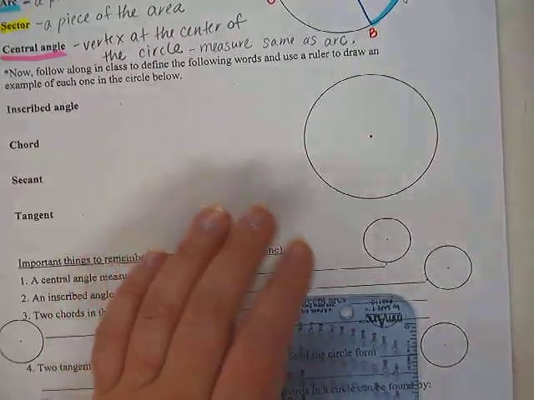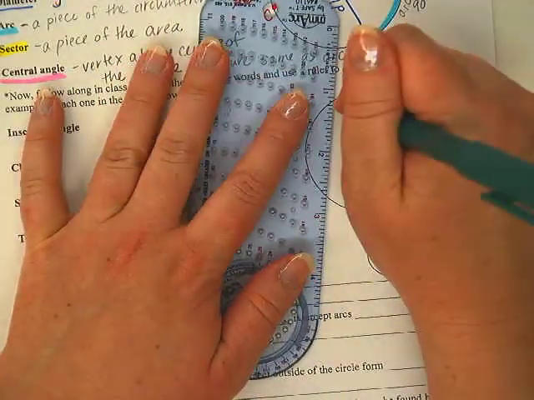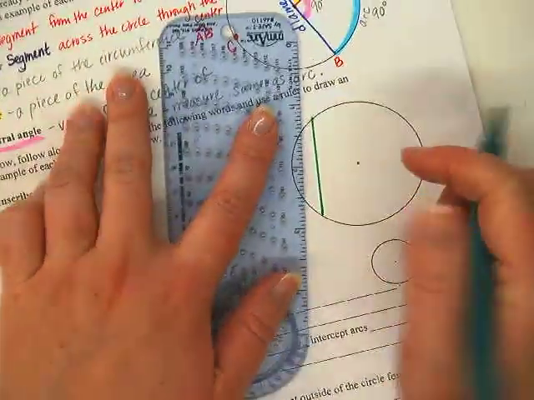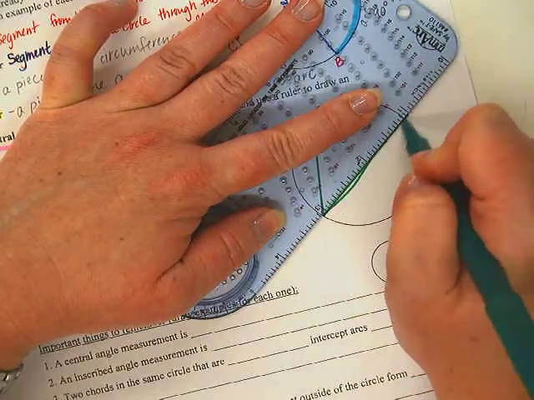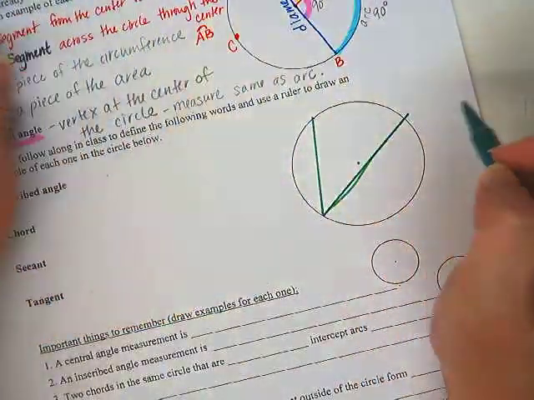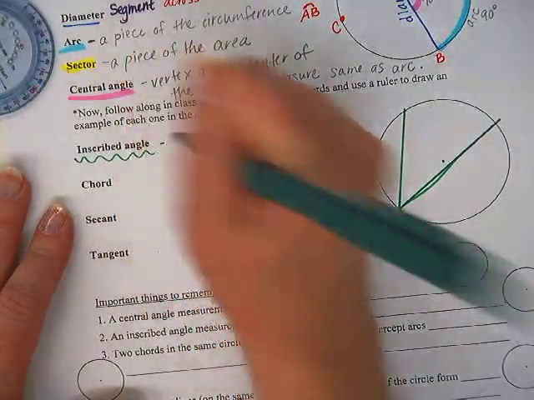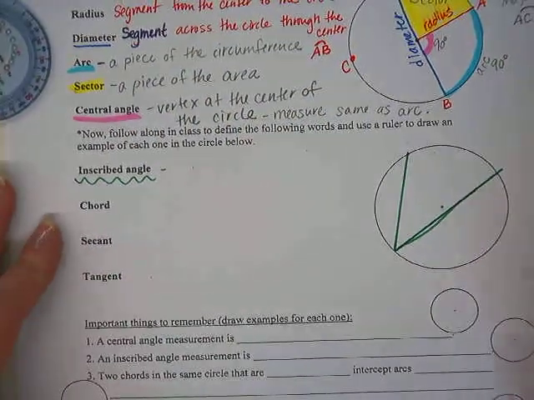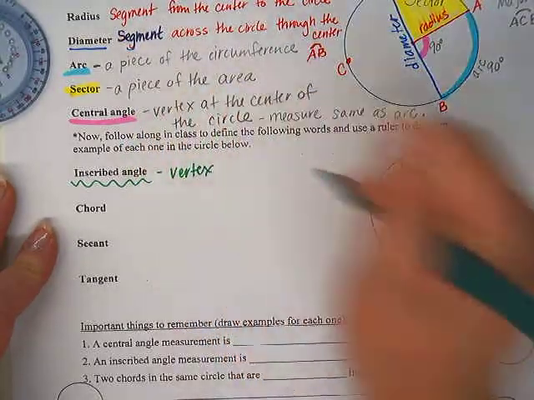Okay, an inscribed angle. It does say to use a ruler. I know you have protractors you can use in your little packets if you want to be more careful with these. An inscribed angle. Whoa, using a ruler didn't help me right there. I went out of the line.